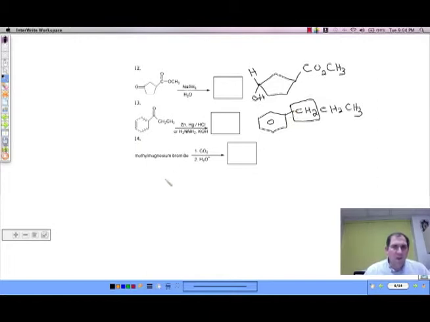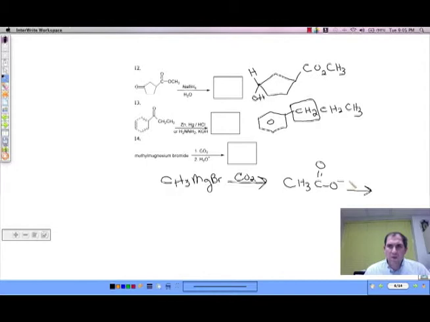Here we have methyl magnesium bromide, CH3MgBr. It's a Grignard reagent. If I react this with CO2 in the first step, what I get is CH3, C double bond O, O minus, and then take that carboxylate anion and react it with H3O plus, and what you're going to get is CH3, C double bond O, OH.